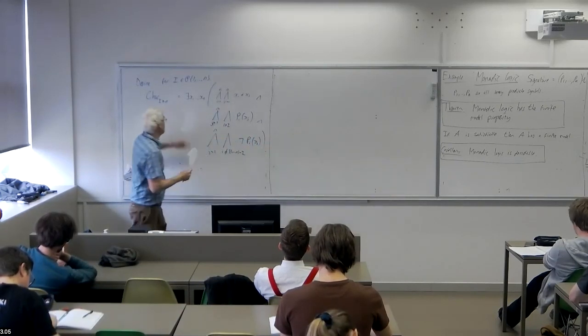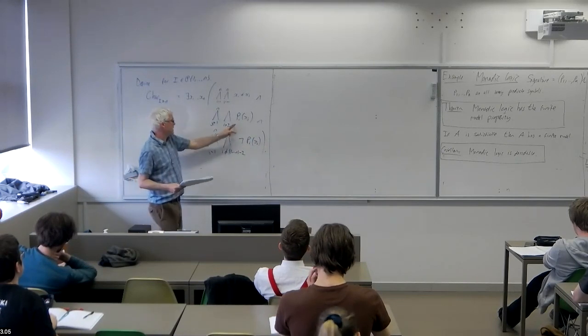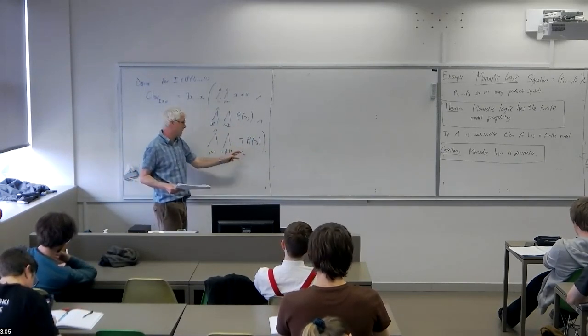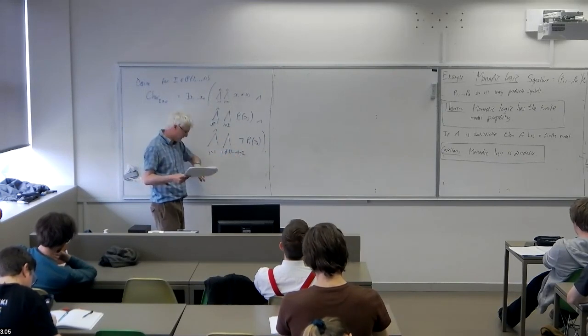Okay, so it's saying we've got at least n distinct elements that satisfy exactly the predicates in the index set I and none of the predicates not in the index set I.